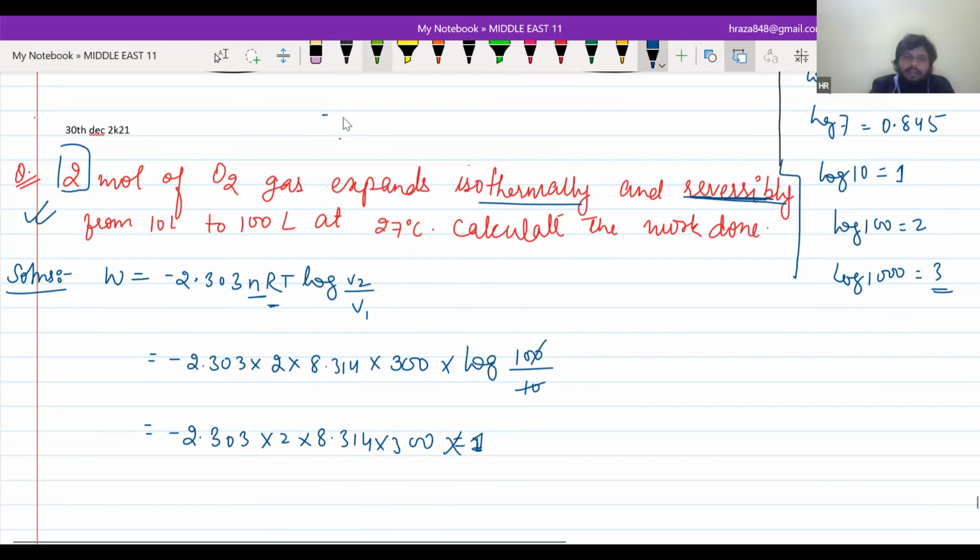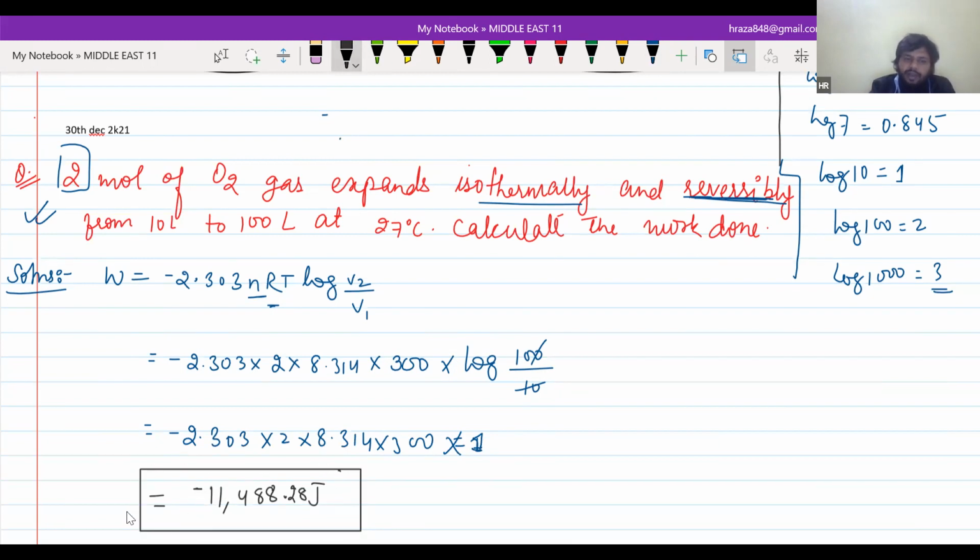So you can easily calculate it by multiplying. Minus 2.303 into 2 into 8.314 into 300, and it will be like 11,488.28 joule.